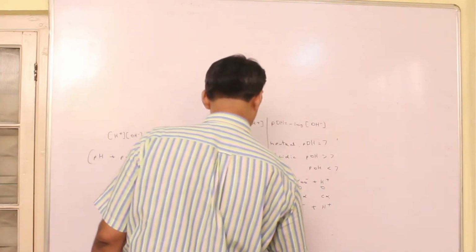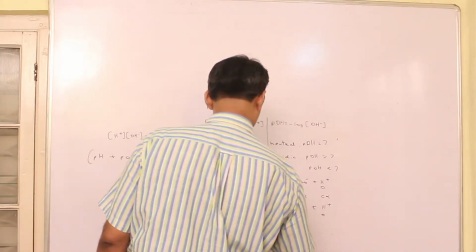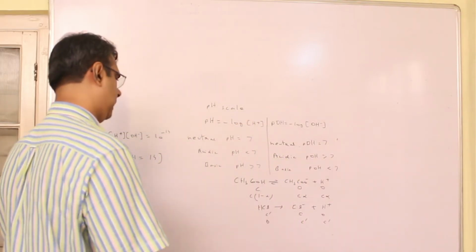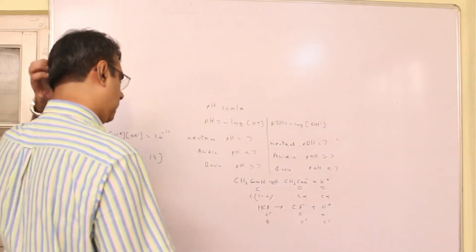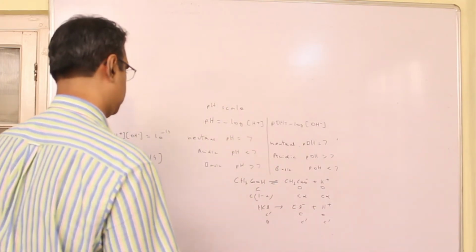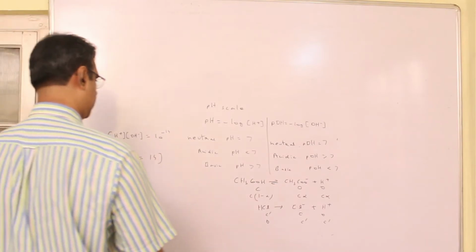So suppose the concentration of HCl is C dash. So after dissociation, the H plus which comes from HCl, the concentration will also be C dash.